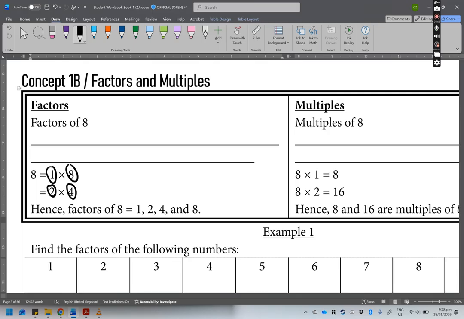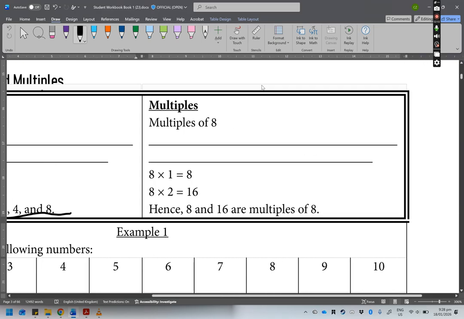It means when you take 8 divided by a factor, you don't get any remainder left. So 8 divided by 8 will give you 1 and no remainder. So 8 is divisible by 8, 8 is divisible by 4, divisible by 2, divisible by 1. So factors of 8 will be 1, 2, 4, and 8.